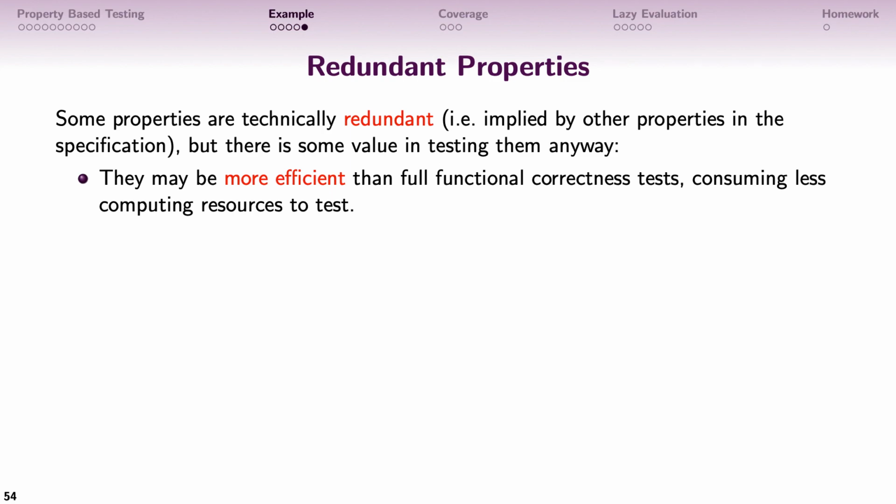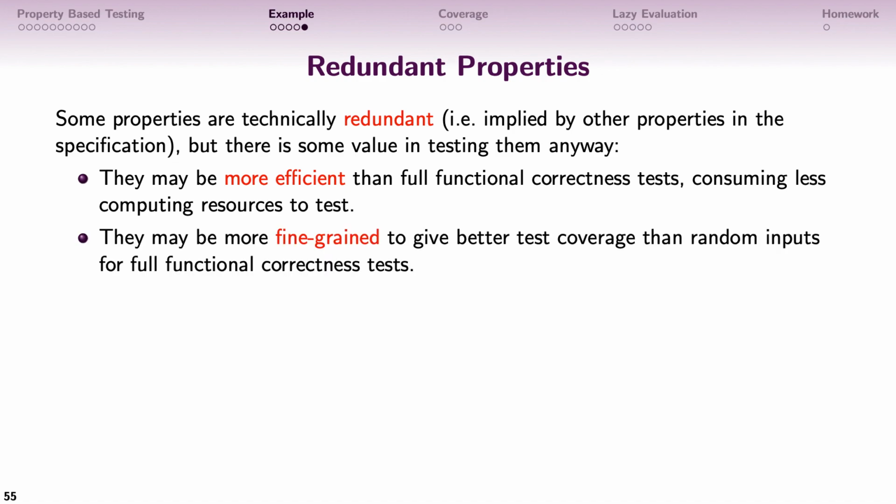We can check the lengths just by doing an order n check, and that's more efficient than doing a full correctness check to see that the whole thing actually sorts the list. So we could very quickly check if the lengths were the same without doing the full-blown test suite. So sometimes you can have these cheap, less reliable or less useful tests that still have value because they are so quick to compute.